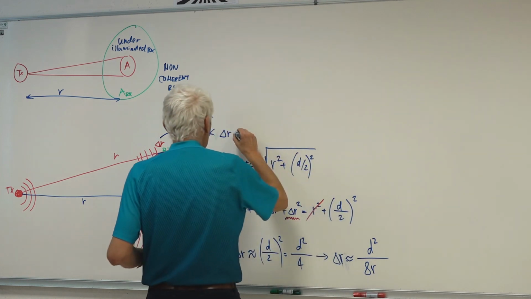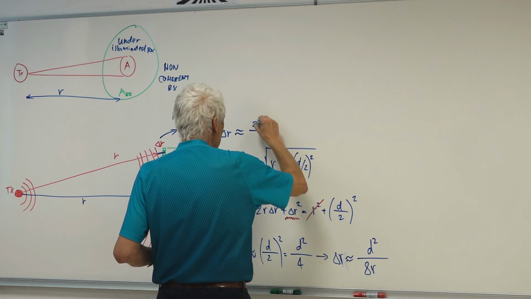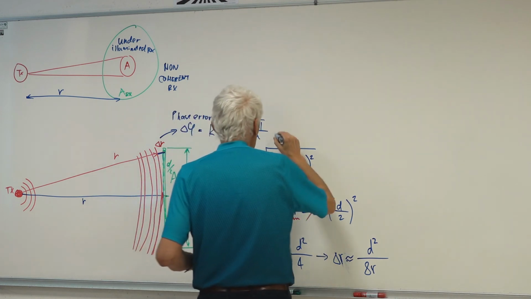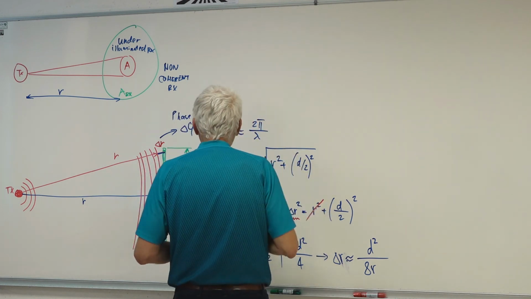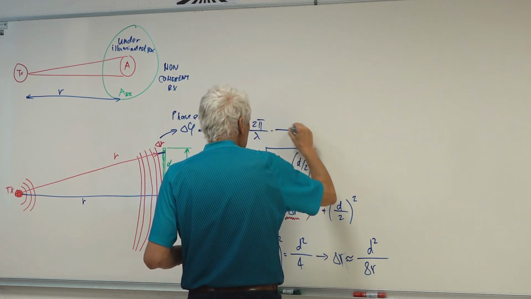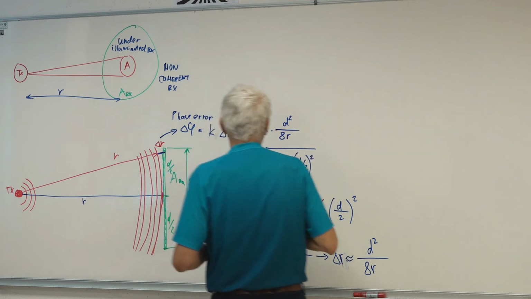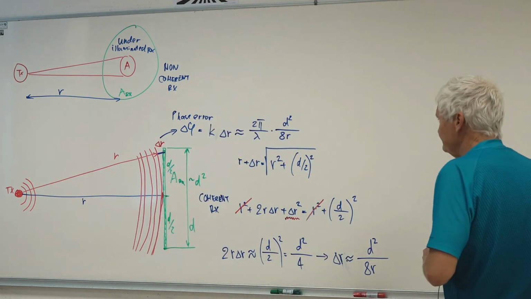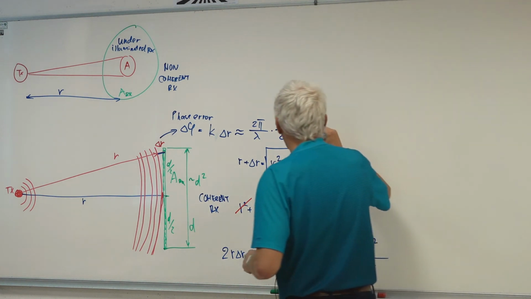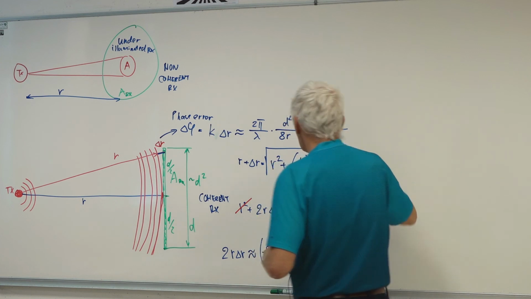Now if I calculate this error approximately, k is 2π over lambda, the wave number, times delta R, which I have down here, times d squared over 8R. So this now becomes 4 lambda. Yes?